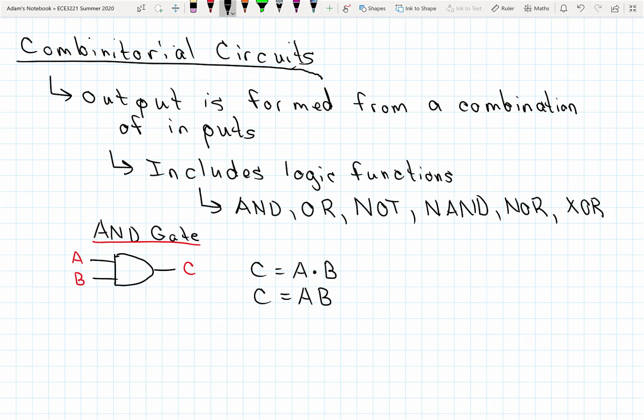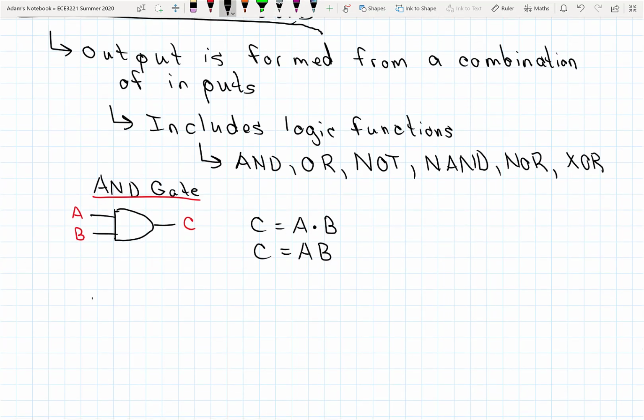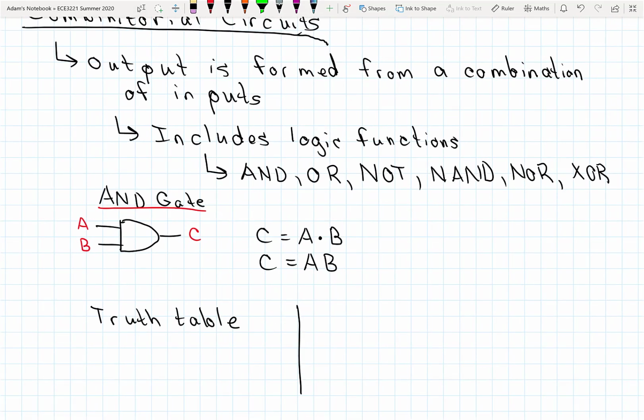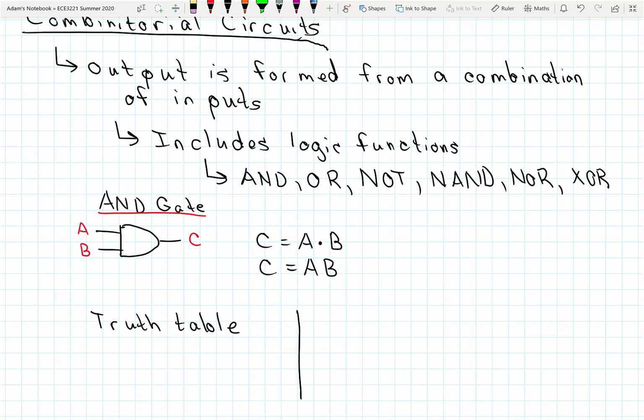The truth table for an AND gate looks like this.